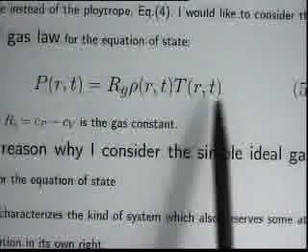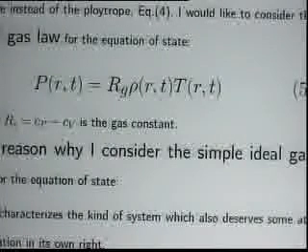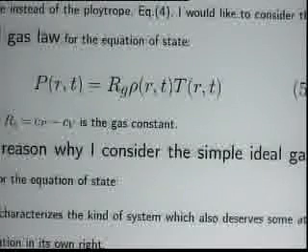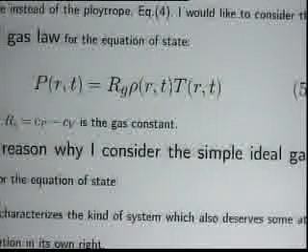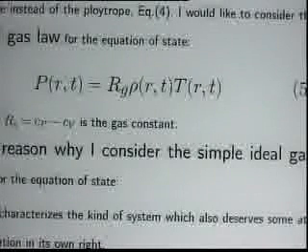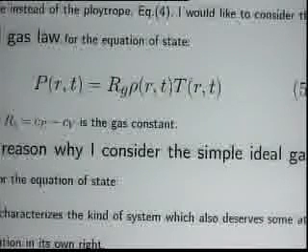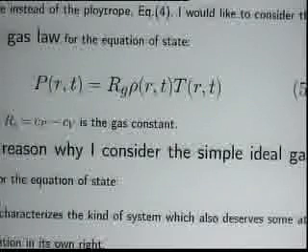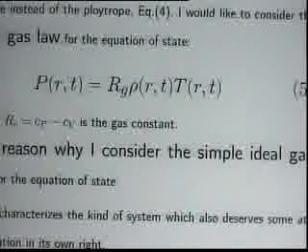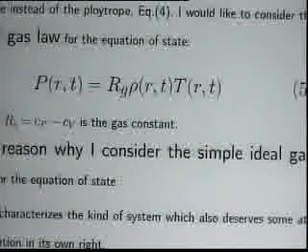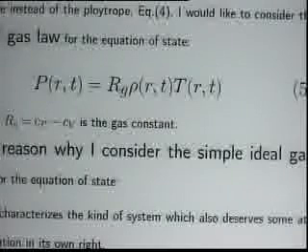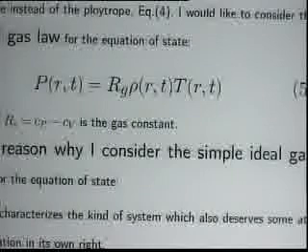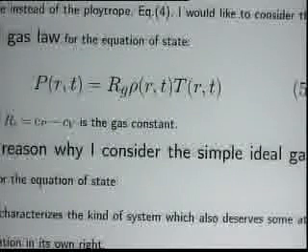This is the ideal gas law. The reason why I consider the ideal gas law instead of the traditional polytrope is, first, it characterizes the kind of system which also deserves some attention in its own right. Second, because of its simplicity, I may be able to get some analytic results which might lead to further insight on stellar behavior.